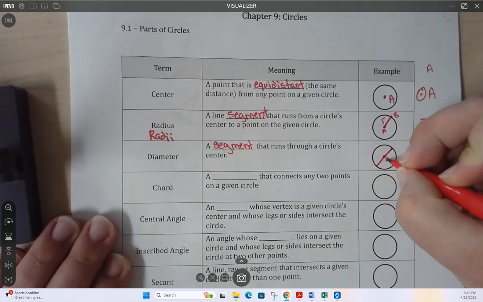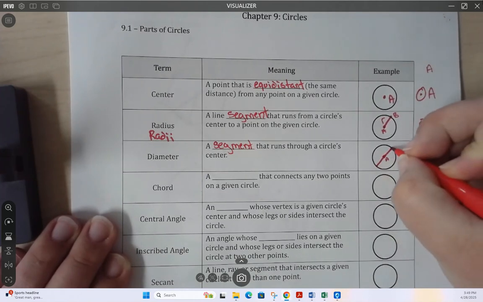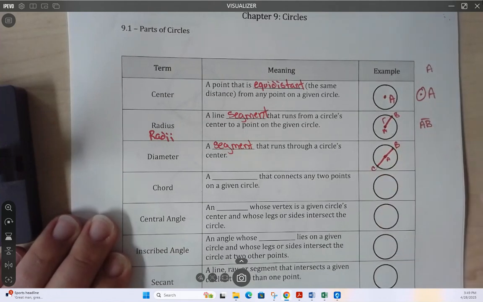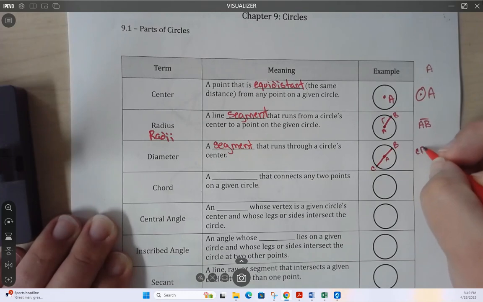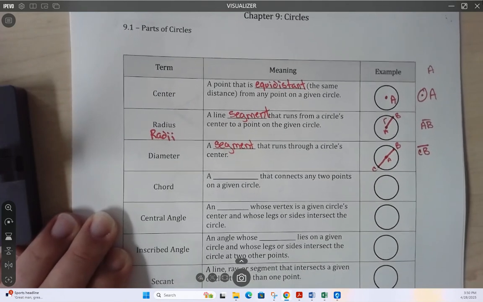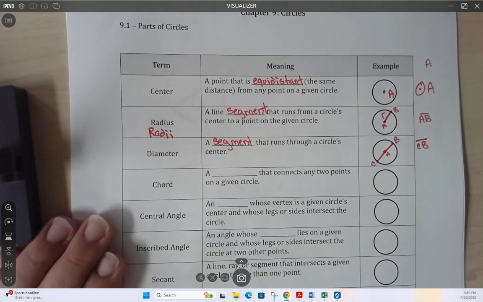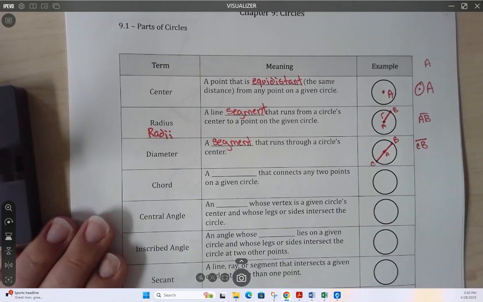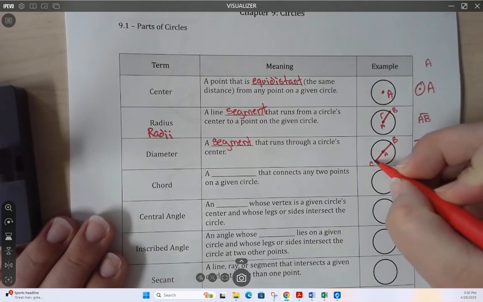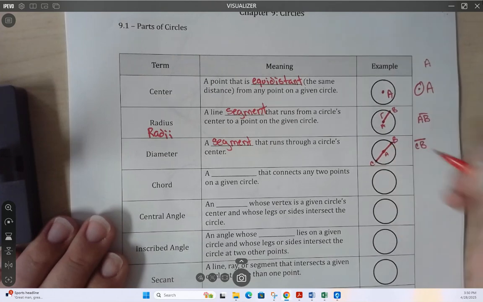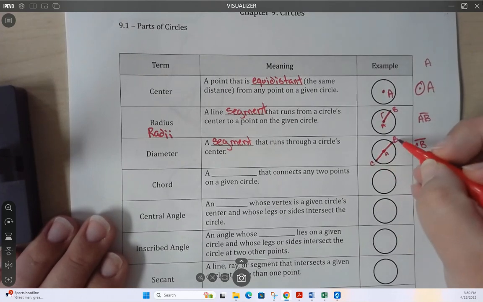So again, if this is center A, this is point B, maybe this is point C, our diameter is a segment, so we're going to name it by its endpoints and put a bar over it. So it does have that in common with the radius. The difference is this goes from one point of the circle to another point on the circle, passing through the center.